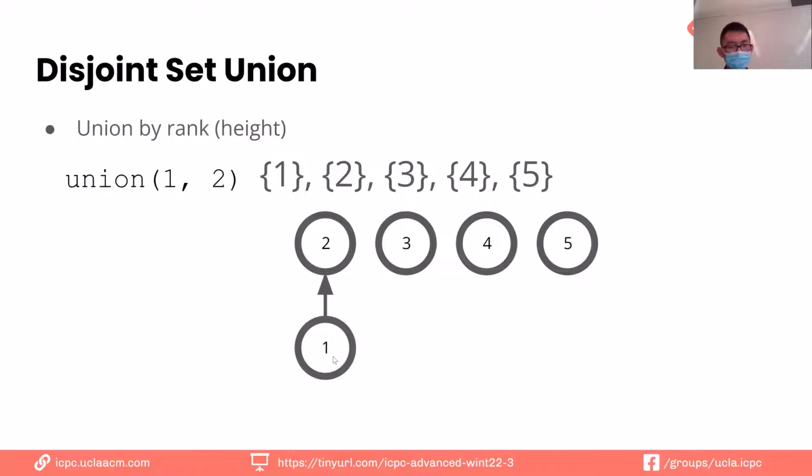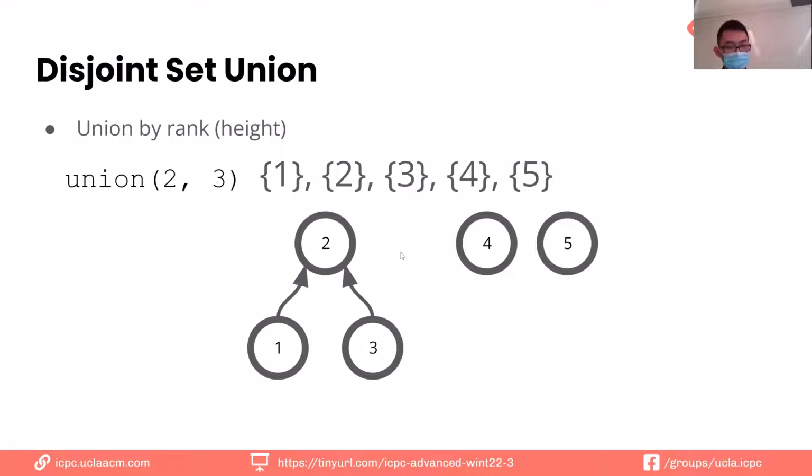So if we want to union 2 and 3 right now, using the union by rank optimization, we want to choose the higher tree as the representative. So since the tree with representative 2 is higher than the tree with representative 3, we choose 2 to be the representative so that the height of the tree stays as low as possible.